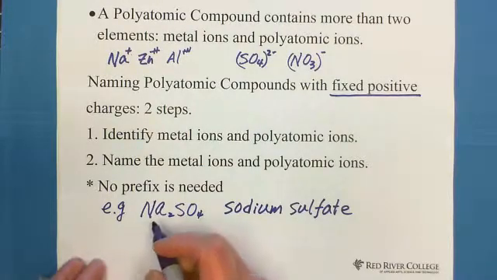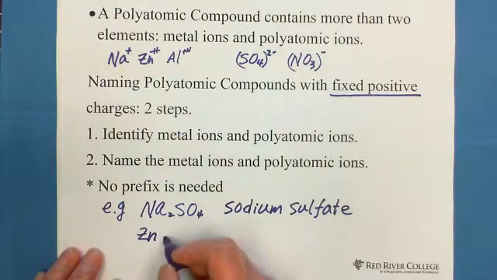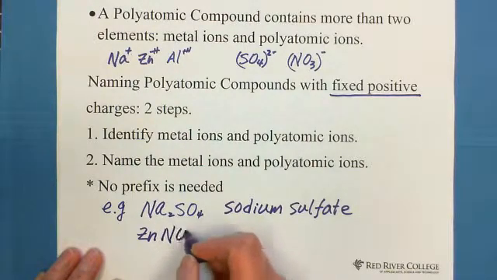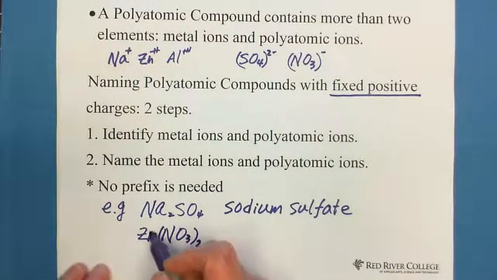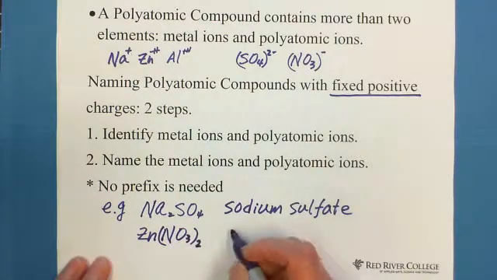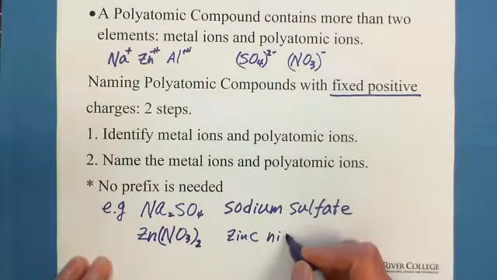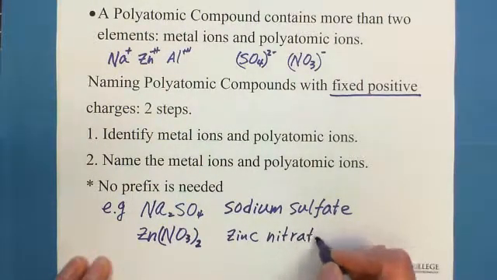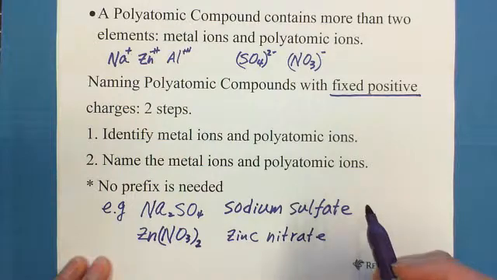Another example: zinc nitrate, Zn(NO3)2. Zinc is a metal with a fixed charge, 2 positive, and we call it zinc. NO3 is nitrate. So the name of Zn(NO3)2 is zinc nitrate.